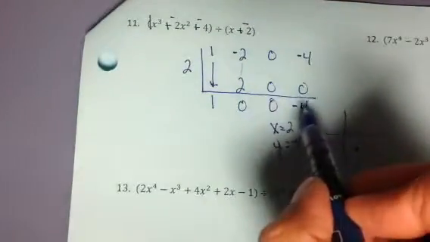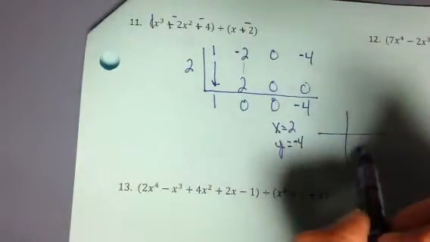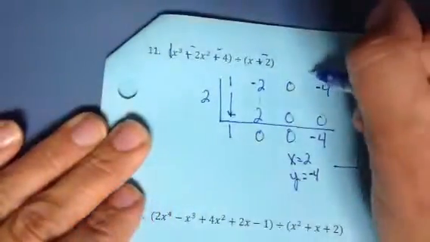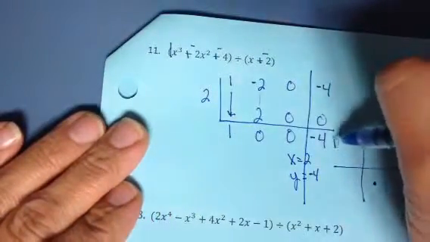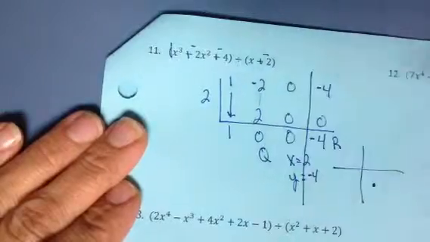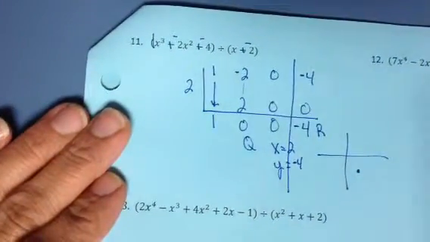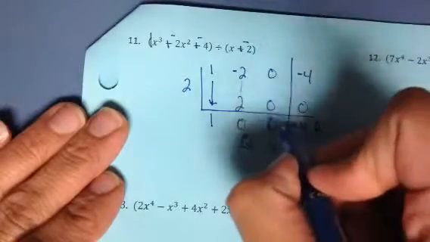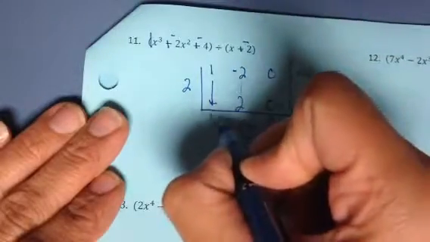So this negative 4 has 2 jobs. One, it's a point on this shape when we graph it, but it's also saying that this is a remainder. And so over on this side is our remainder, on this side is our quotient, and we're going to write this as, this is the constant, and then when you get over here, this is a constant, this is x and x squared.